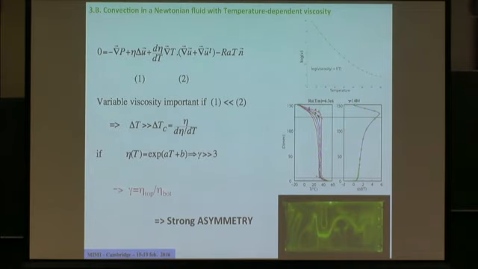If the total viscosity variation in your system is greater than about 1,000, this term becomes really important and introduces a strong asymmetry in the system.